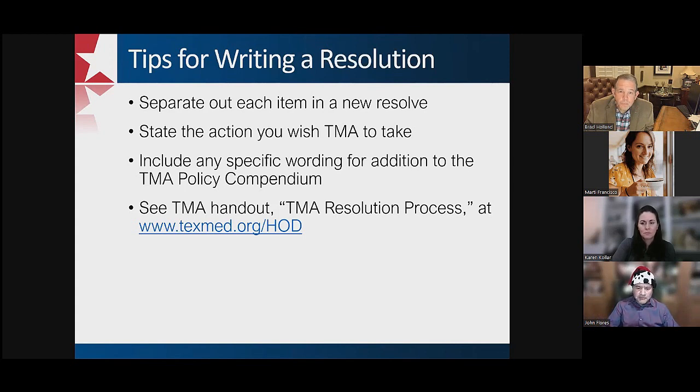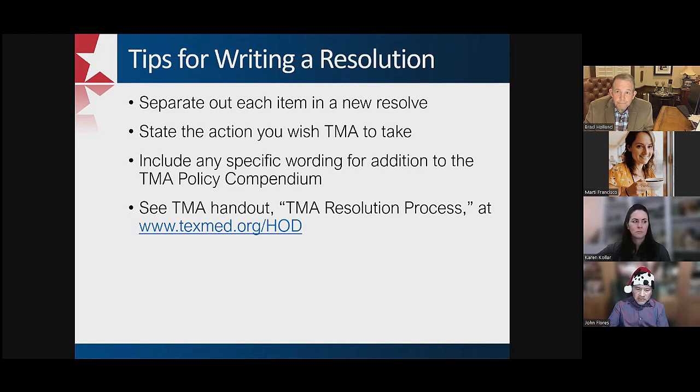And when you're writing this, think about it: this is going to be policy. One of our TMA staffers, probably Marty, who does a lot of this, is going to sit down and make that resolution into policy. So they need to know exactly what you mean. Otherwise, it might not come out like you want it to.